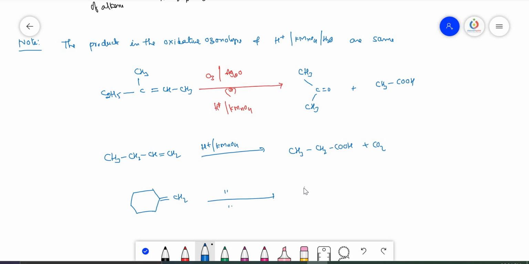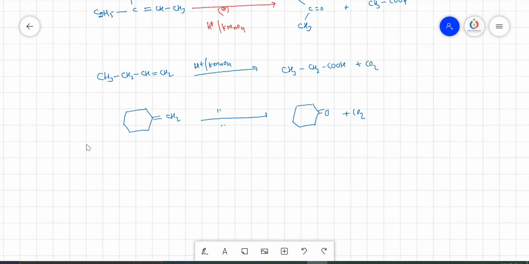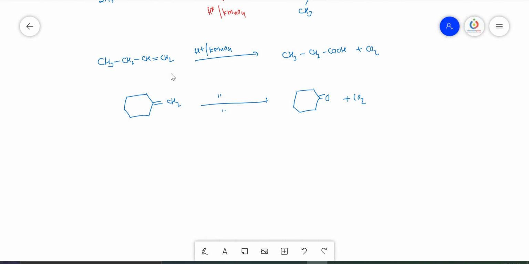With H plus KMnO4, keto part with CO2. So you might have understood by now how the CO2 is coming, how the COOH is coming, how the keto part is coming.